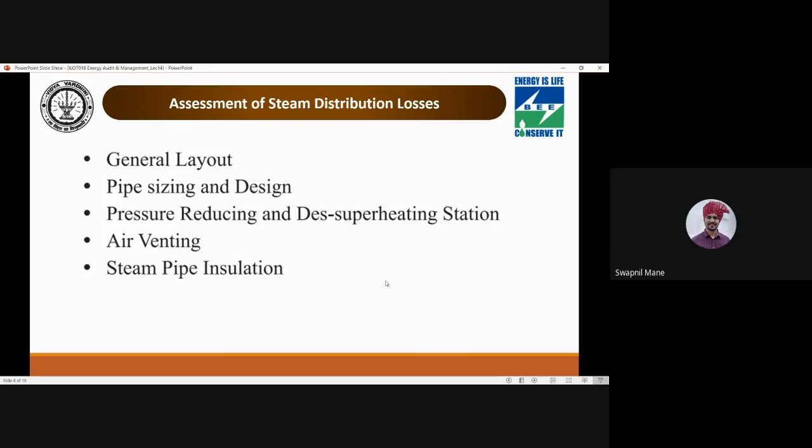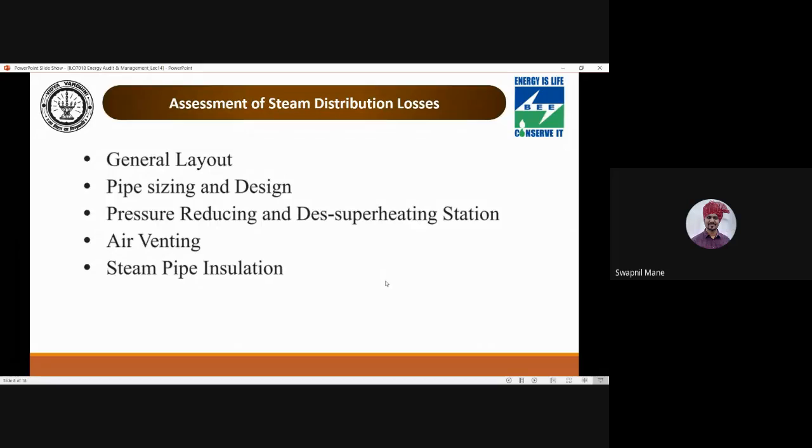Then pressure reducing de-superheating station. So a reduction in steam pressure through a pressure reducing valve is which process? It is an isenthalpic process. So saturated steam when reduced to lower pressure results in superheated steam.